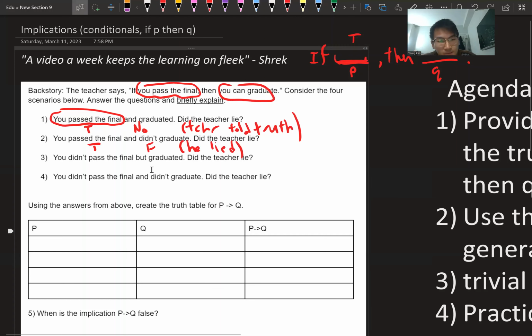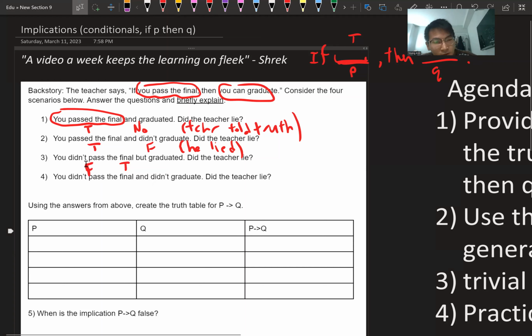Number three, you didn't pass the final, but graduated. You didn't pass the final, so that's like saying the P was false, and the conclusion, you graduated, was true. Did the teacher lie? It's a misconception in real life to think that the teacher lied, but technically he didn't, because he didn't say anything about the case where you didn't pass.